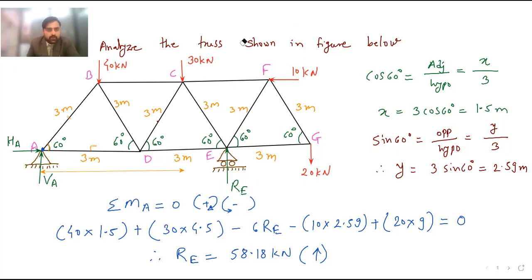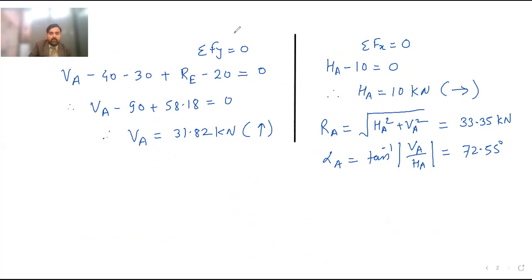So see now, if I start with joint A, if I draw the free body diagram of joint A, vertical line, horizontal line, then the reactions VA, HA, then the members.